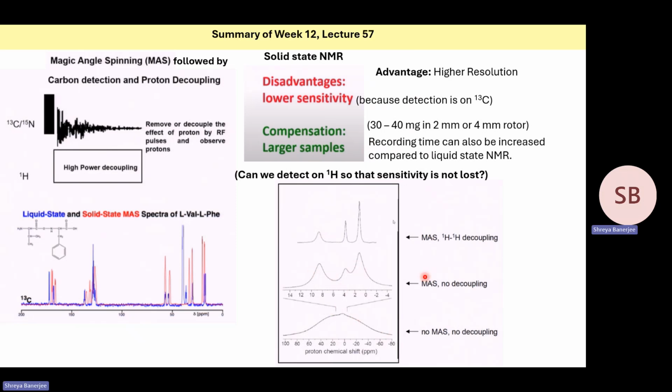The second spectra is one where you have done magic angle spinning but no decoupling. So it is starting to get resolved, but it is still not very well resolved. And this uppermost spectra is where you have done both MAS and decoupling. That gives you a very sharp, well resolved spectra similar to that of liquid state NMR.